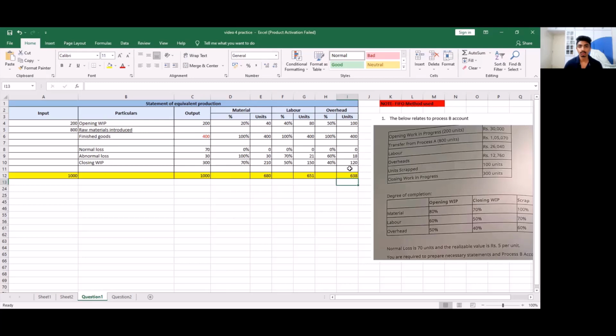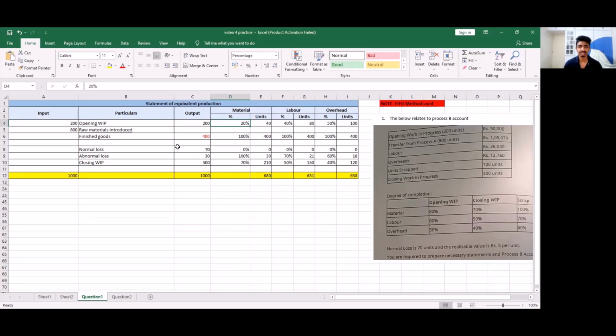And finally, we need to remember that opening work in progress is one item in which we will take the difference. Or if 80% is given, we will mention 20% because this is the work we will be doing this year. But for our closing work in progress and abnormal loss, the percentage they mention is the work we do this year. So we mention them as it is.